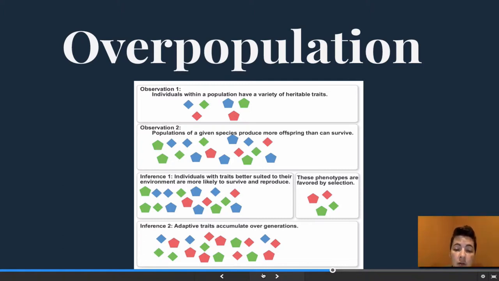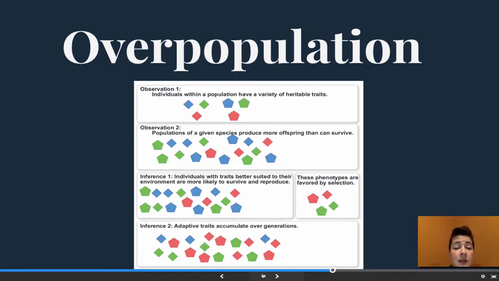So in this picture, the green and the red are favored. So in the next generation, there's going to be more green and red, and then the next generation, there's going to be more green and red, and less blue. That's because the blue, for whatever reason, didn't have traits that were beneficial and are not as likely to pass on their genes and reproduce.